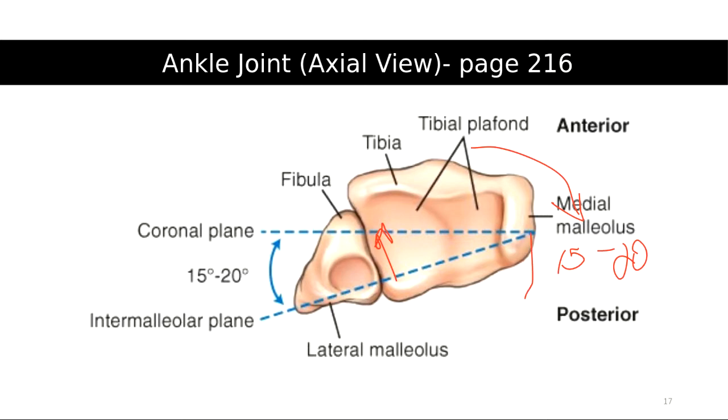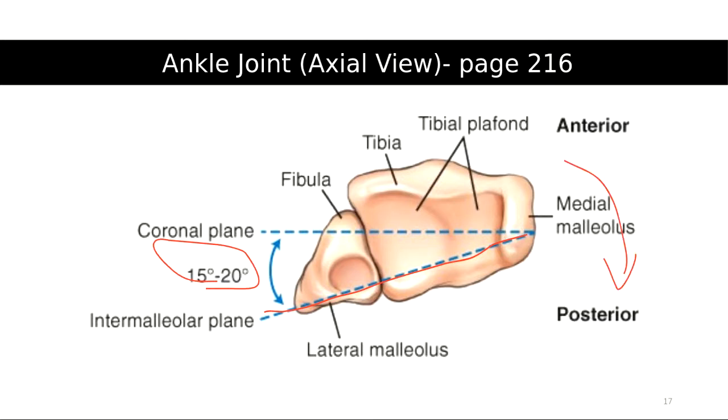Let me do that again. Okay, so you've got the intermalleolar plane right here, this dotted line. And what they're saying is that it's 15 to 20 degrees away from the coronal plane. So if you rotate the leg 15 to 20 degrees medially, then what's going to happen?